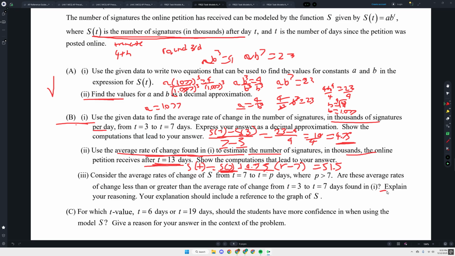B of 3, the explanation according to this is the average rate of change from 5 to 7 is greater because S is exponential and concave up. So you can plug and chug, but you need to write it down because it says show the computations that lead to your work. So just write about the average rate of change, how it's increasing over equal length input intervals, all that. Does that make sense?